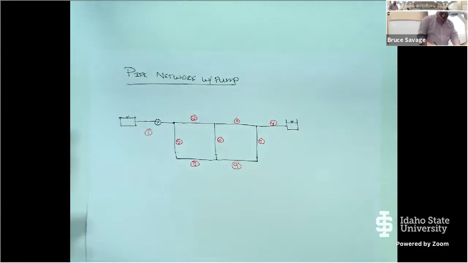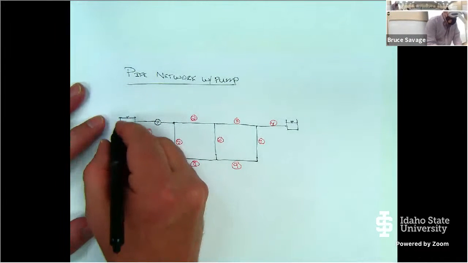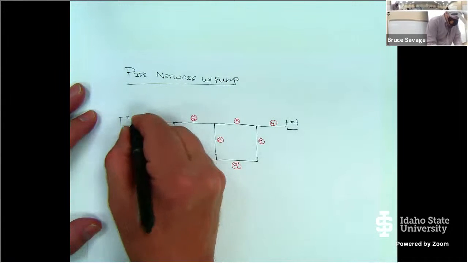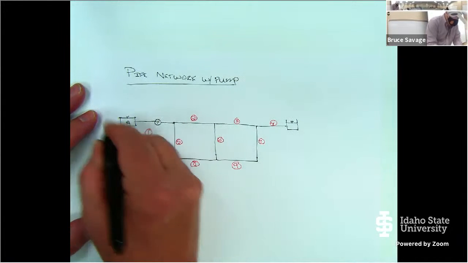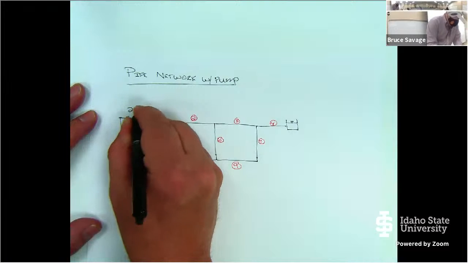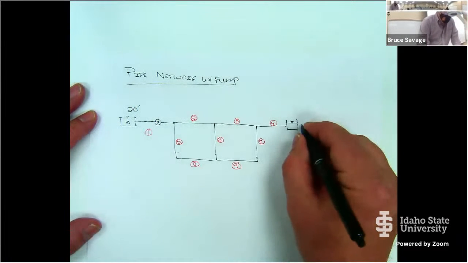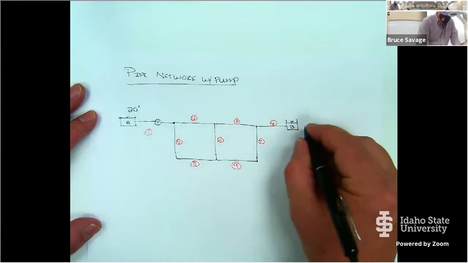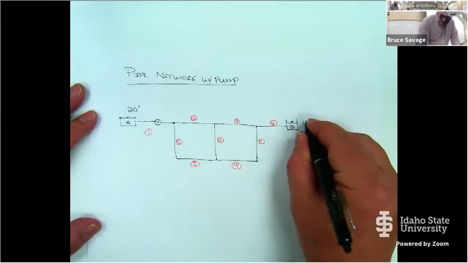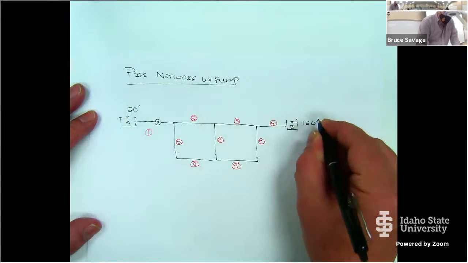All right. Let's go ahead and give some values to this. Let's say that this reservoir A over here has a value of 20 feet. Reservoir B over here has a value of 120 feet.